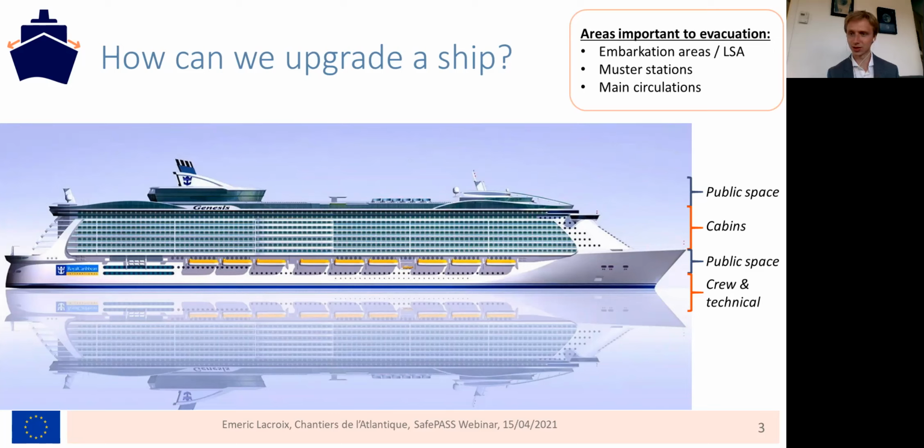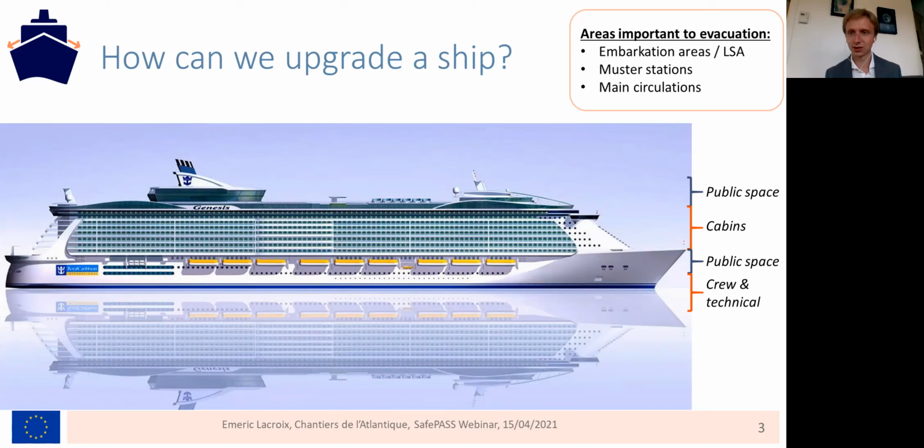So obviously in a cruise ship evacuation, you have two main steps. First you will assemble people in big areas, the big public spaces we referred to before, restaurants and main theaters, mainly. So you assemble people in these areas, and then you send them out from the musters to the embarkation stations, so the LSAs.